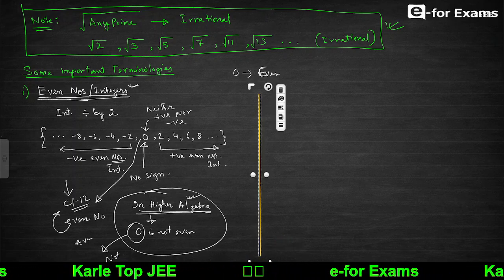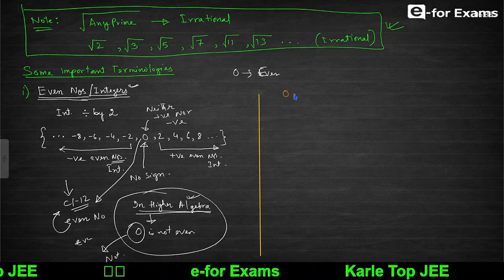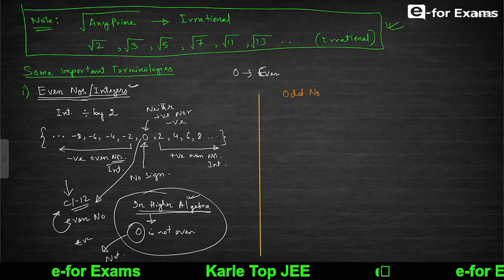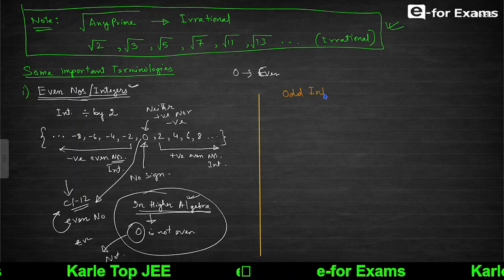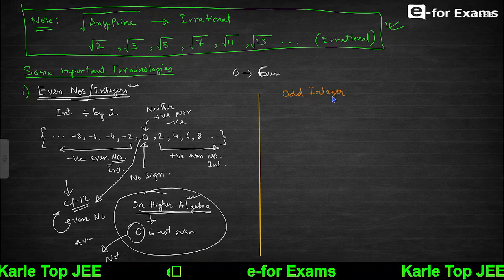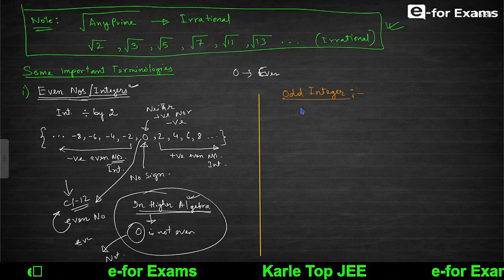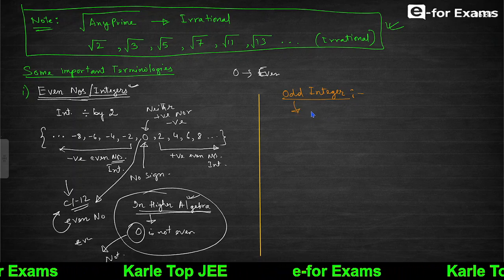Next is odd numbers. After even, it is obvious, odd numbers. What are odd numbers? Odd integers. How do you represent odd integers?